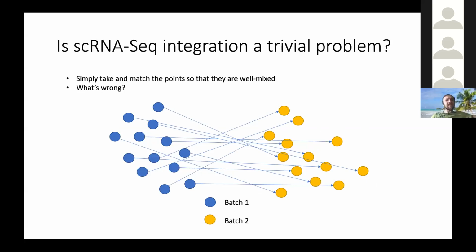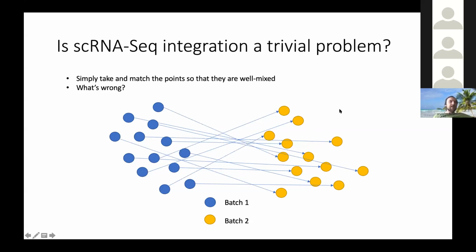Given this approach to measuring batch effects, our question is whether single cell RNA-seq integration is a trivial problem. One might think we can take two data sets, for example two batches, batch one, which is blue, and batch two, which is orange.